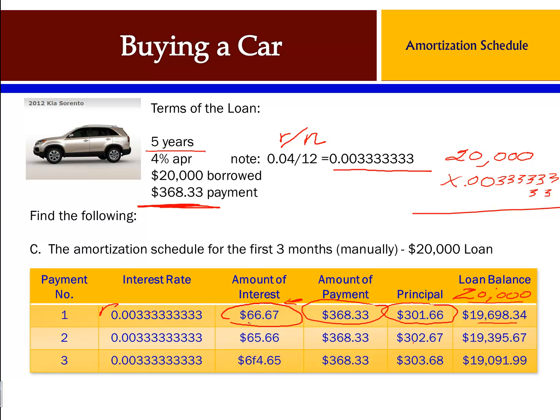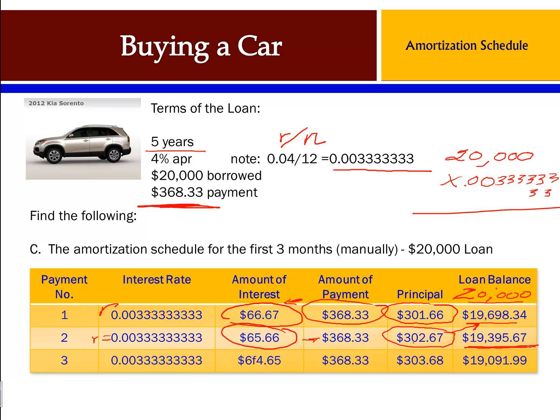To get the next amount of the interest, you multiply the latest balance times the rate again. You'll get the interest for the second month. Subtract that from the payment to get the principal for the second month. Subtract the principal from the previous month's balance to get the new balance. Repeat the cycle.